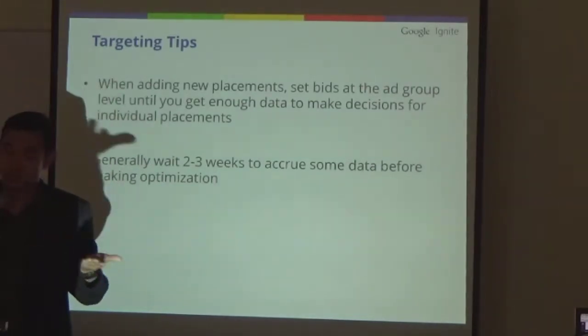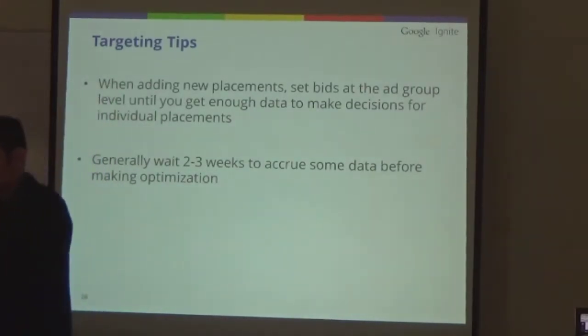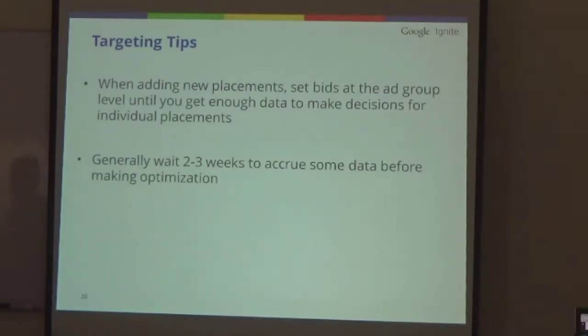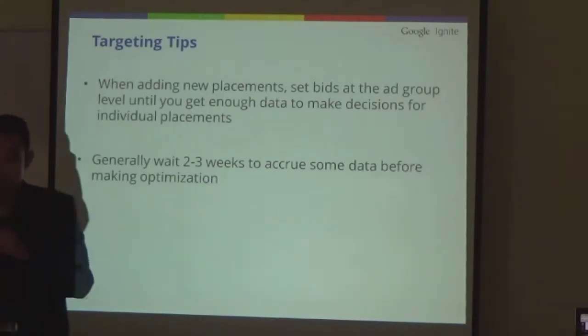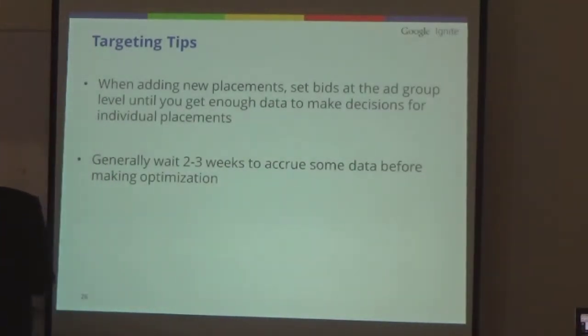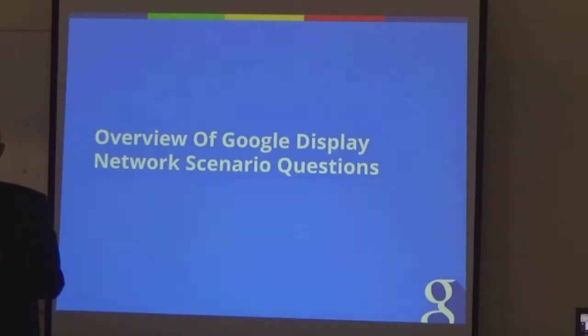So take note, it's about 2 to 3 weeks, an estimate. Again, there are many other methodologies out there. If you have a mature account, you might need less time as well. So 2 to 3 weeks is one of the tips given by Google to look into.